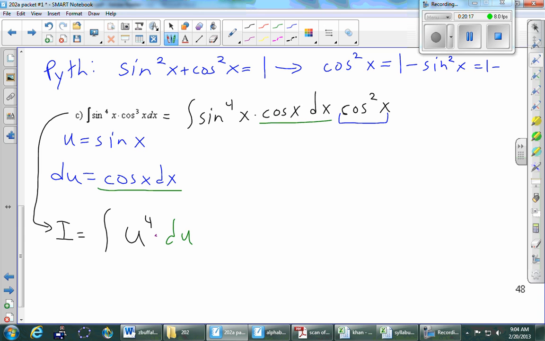Which is really 1 minus what? U squared, right? Sine is u. Which means right down here, instead of cosine squared x, we can put 1 minus u squared.